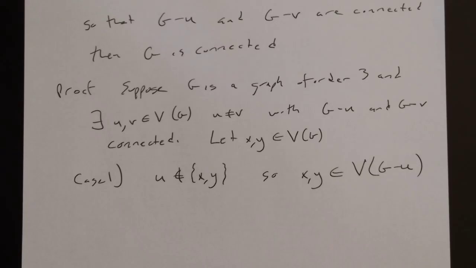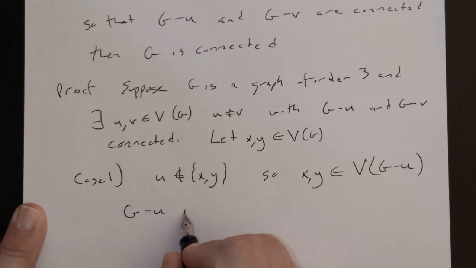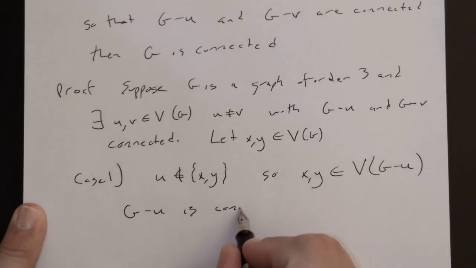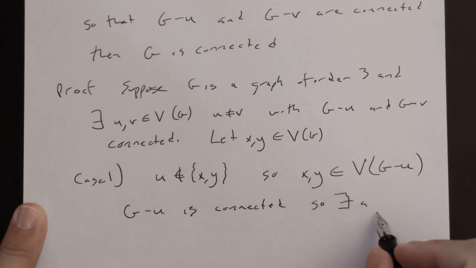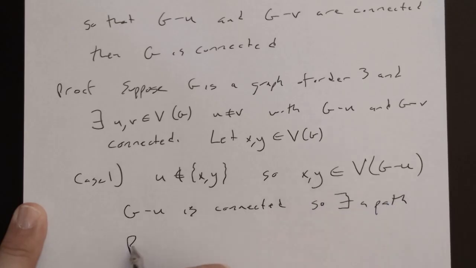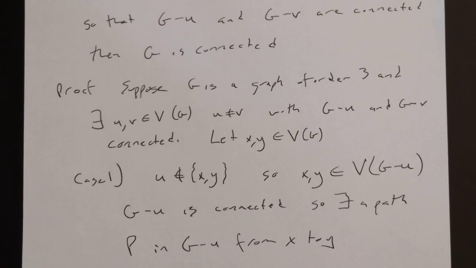I can get from X to Y. If it's there in G minus U, what happens if I put U back?